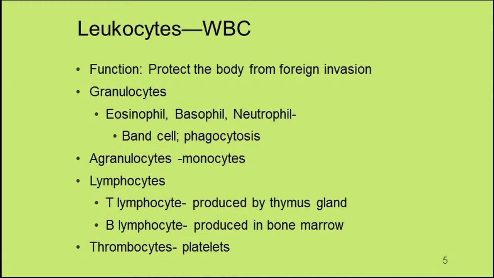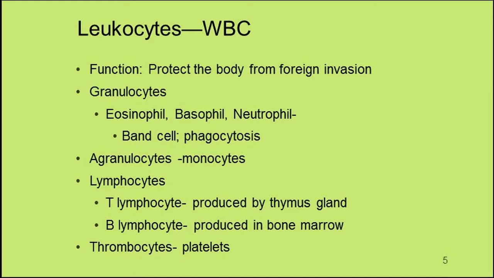Lymphocytes are primarily responsible for forming antibodies, and to help identify and remember foreign substances, so that if those substances show up again, our body knows to attack them. Okay, so that's the function of lymphocytes.